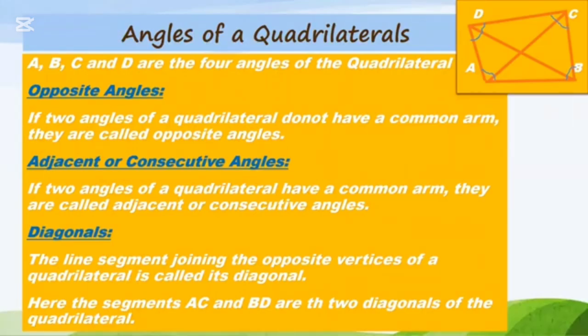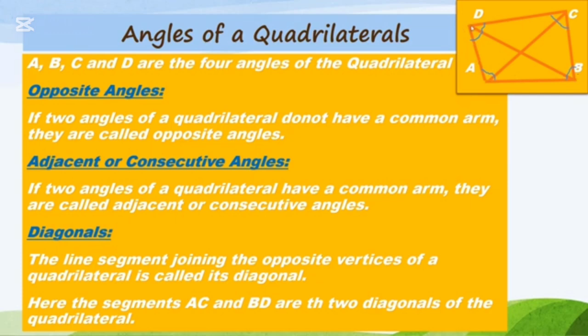Now next is adjacent and consecutive angles. If two angles of quadrilateral have a common arm, they are called adjacent angles. For example, here angle A and angle B are adjacent angles. Why?